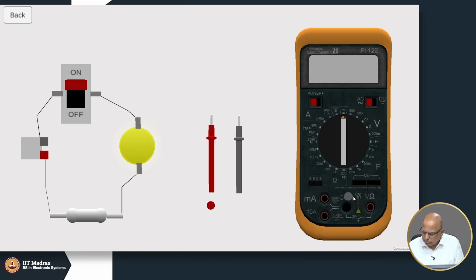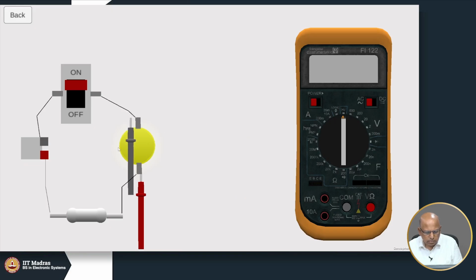So, do the same thing, bring this over here and bring this over here. And then maybe measure this value here, and maybe measure this over here.